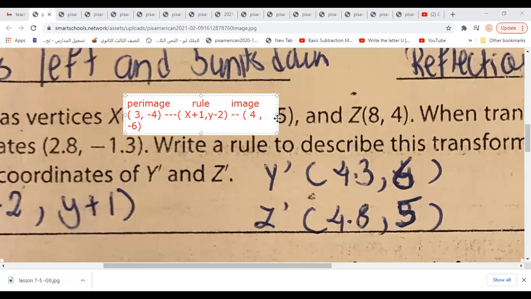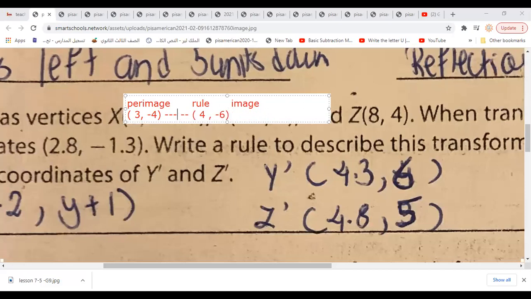This is in case I have the pre-image and the rule and I'm looking for the image. What if I don't have the rule? Then I have only the pre-image and the image, and I'm looking for the rule.